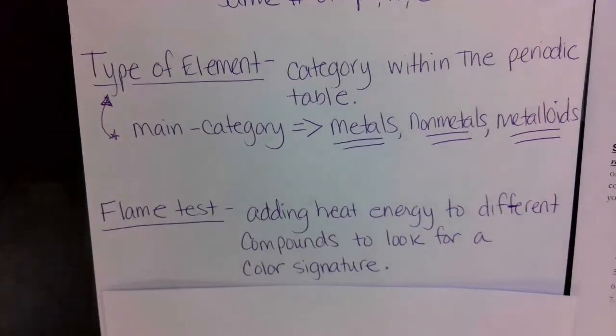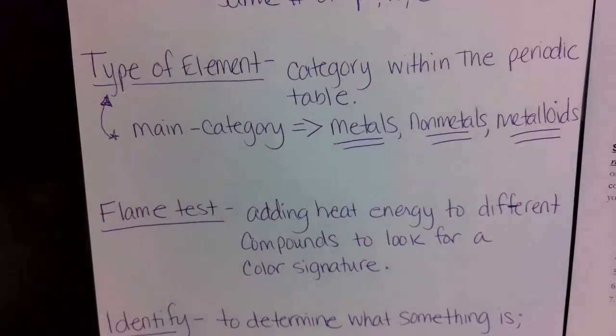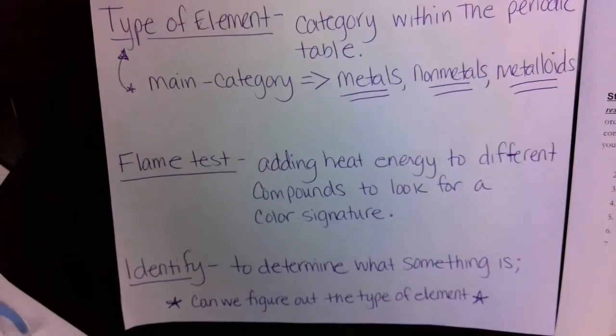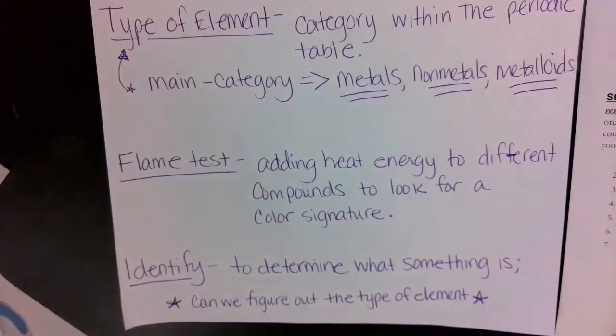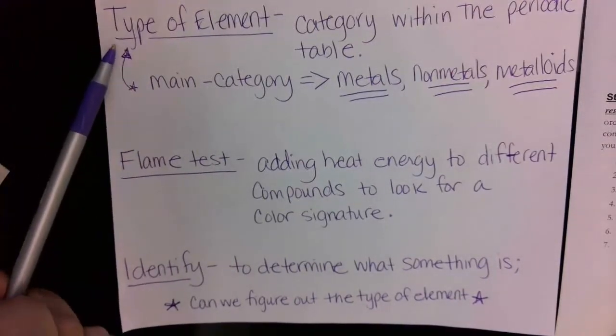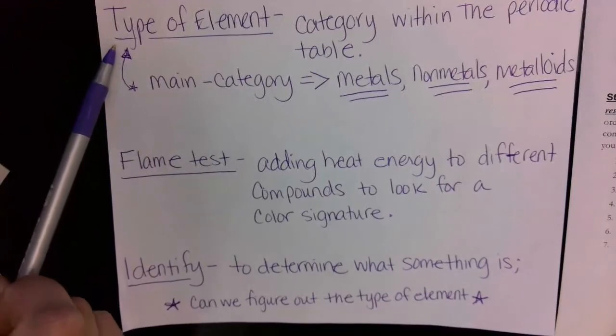Okay, and we talked about what it means to identify here. I think it's pretty obvious that to identify something means to figure out what it is. So we're trying to determine what the compound is, and really we're trying to determine the type of element in a compound.